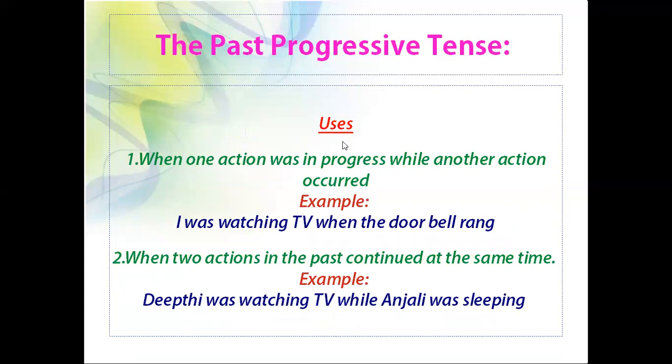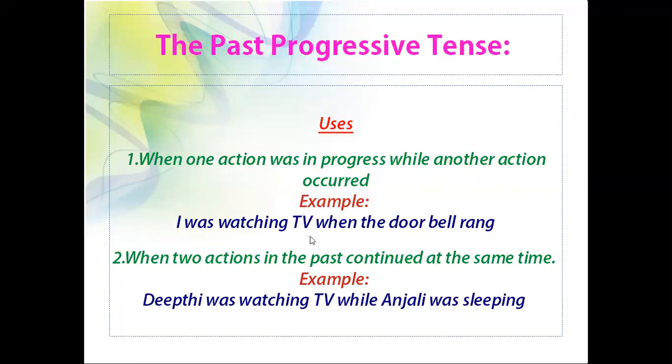Next, we are going to see the uses of past progressive tense. When one action was in progress while another action occurred. So already one action was in progress, and then another action occurred. For example, I was watching TV when the doorbell rang.